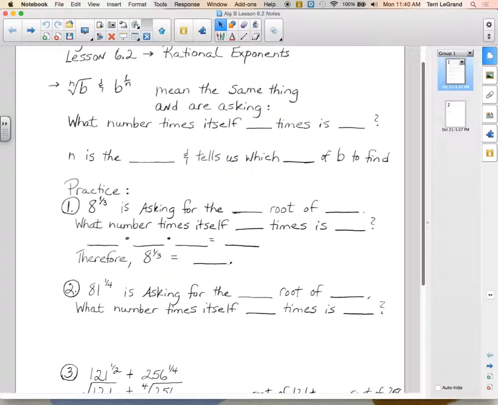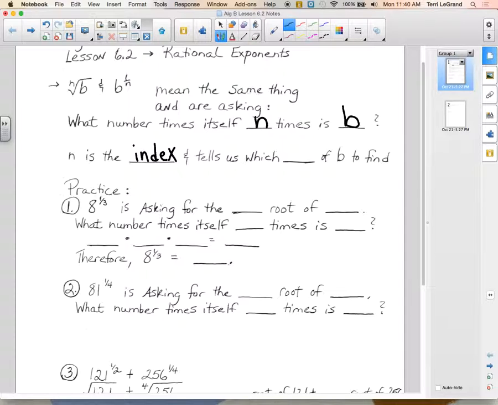And here's what they're really asking: what number times itself n times is b? That little n is what we call the root. N is the index. That's another term you'll hear it called.